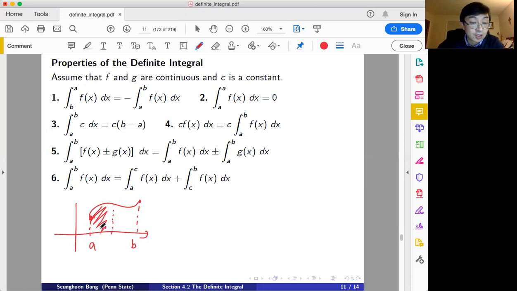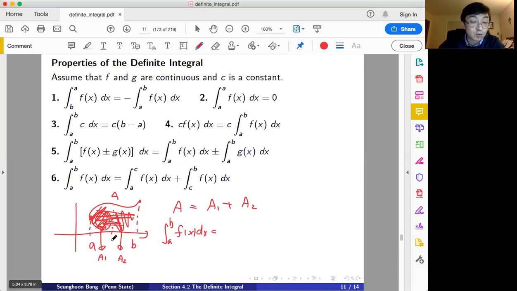This area we can denote A1. This area we can denote A2. This whole area we can write as A. A is exactly the same as A1 plus A2. How can you find A? We can use the definite integral. The integral from a to b of f of x dx is exactly the whole area A. What about only this portion, A1?